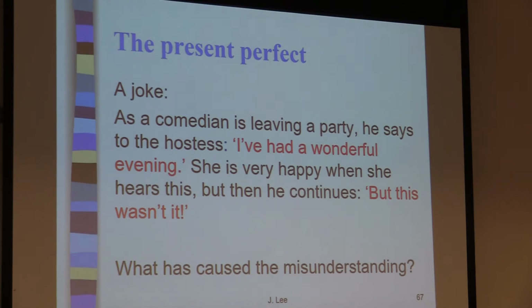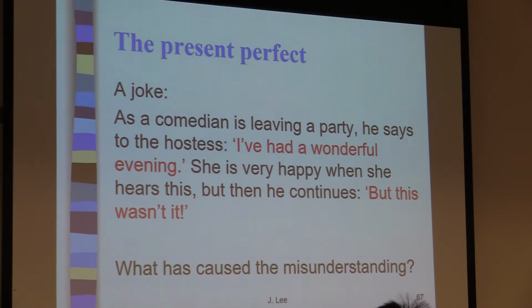What's the meaning? The hostess and the comedian have different interpretations of the present perfect. I've had a wonderful evening. What does that mean? Think about those three meanings in the previous slide. I have had a wonderful evening.